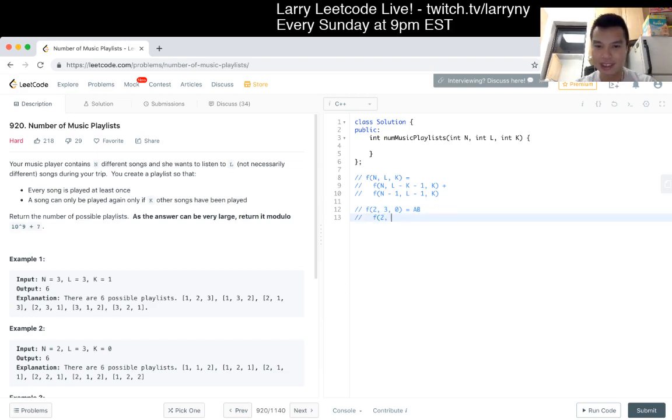And what this represents to me is equal to the first slot: the first song is A, and you have 2 more slots free, and you recurse on that, plus 1 minus 1k, though this may be wrong, so I'm just trying to redo it.